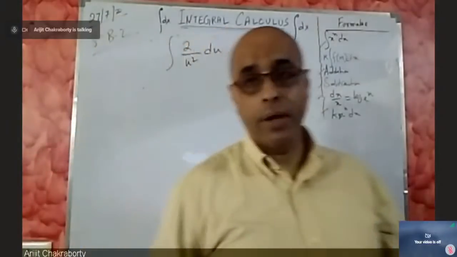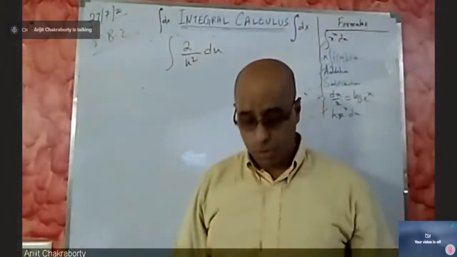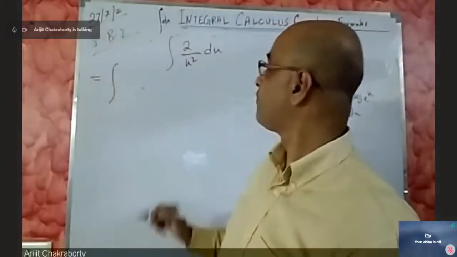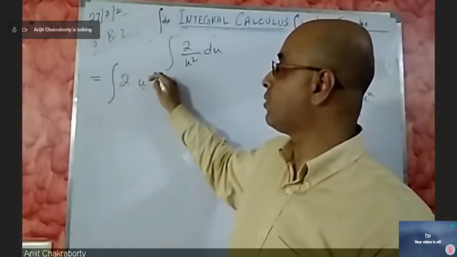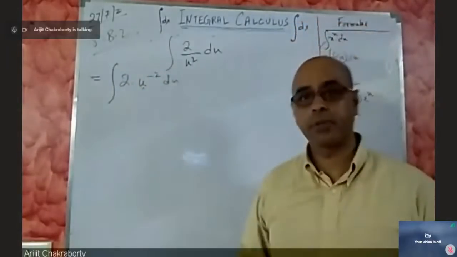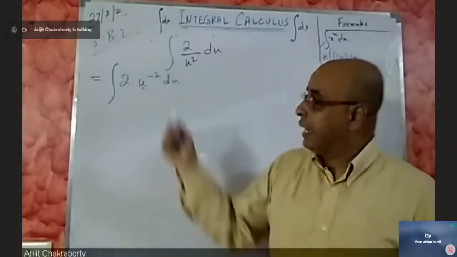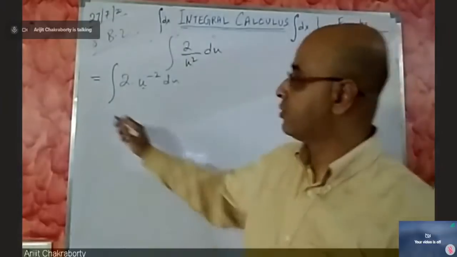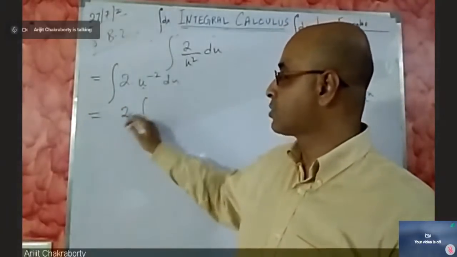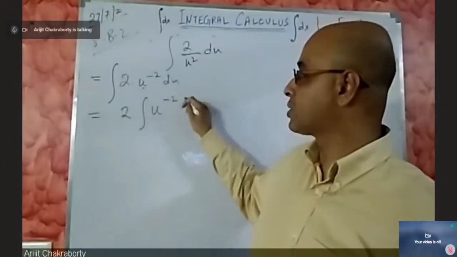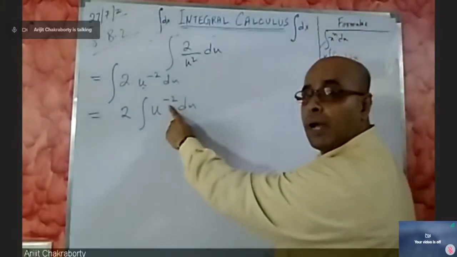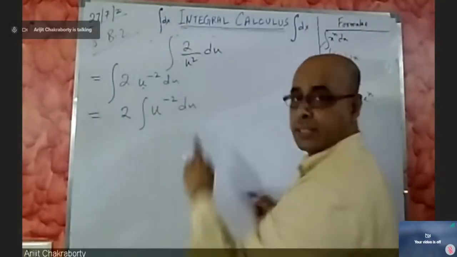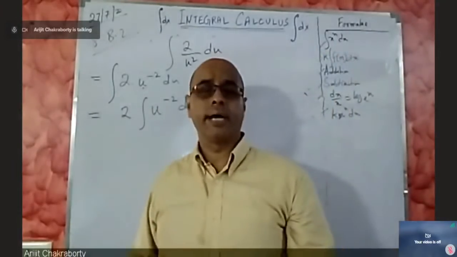Here we have u to the power minus 2, so this becomes 2 into u to the power minus 2 du. Using the constant multiplier rule, 2 comes out, u to the power minus 2 du. U to the power minus 2 is of the form x to the power n. Of course, here n is negative. It can always be negative or positive.